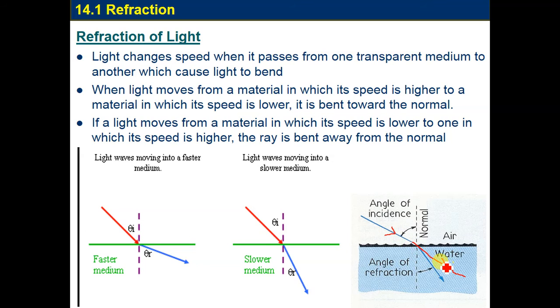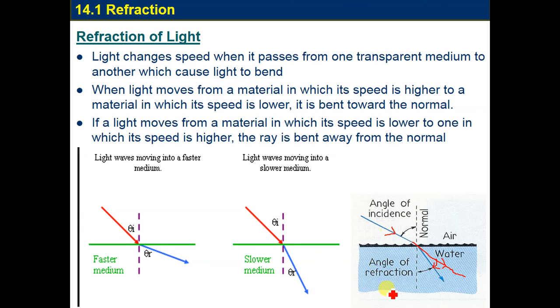For sure no, it will not continue in the same path, because it now enters a new medium which is more dense than the first. So here the speed of light is slower, and this will cause the light to bend. How does it bend? It bends toward the normal. This is our normal. It slows down, so it bends toward the normal.